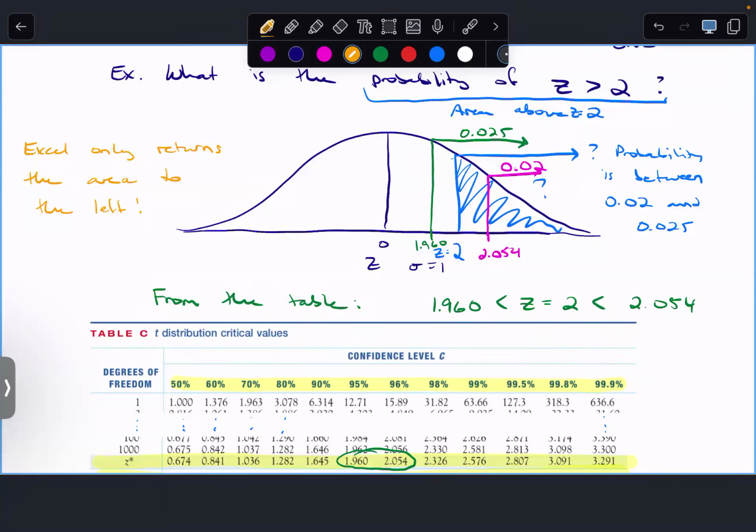What we can do is use equals norm.s.dist. The .s just means that we've standardized it already, so we're feeding it a z. There are other options where we give it the x, the mu, and the sigma, and it calculates z in the background. But with z, we're going to use cumulative equals true, because cumulative means up to and including 2. If it's false, it's just at 2, but we know that should be 0, so we don't use that.